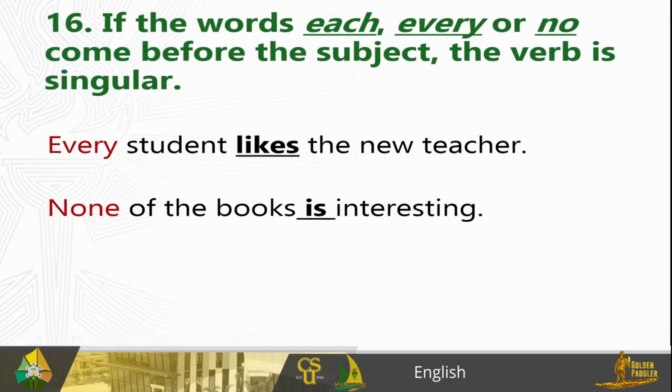Number 16. If the words each, every, or no come before the subject, the verb is singular. For example, every student likes the new teacher. None of the books is interesting.